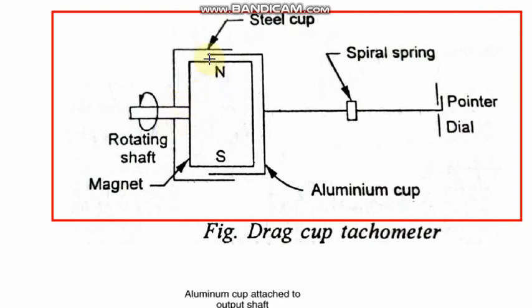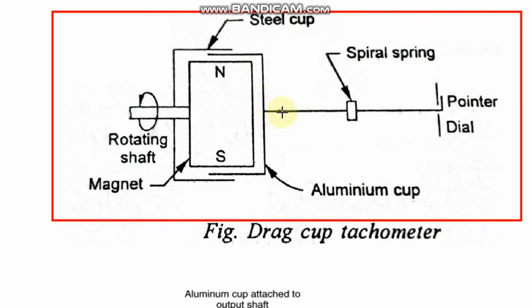Here there is another cup, an aluminium cup, which is conductive, and it is not attached to the electromagnet or the shaft. It is separate. With this aluminium cup there is a spindle having a spiral spring, connected with the pointer. When the rotating shaft moves, the magnetic lines of flux are cut by this conductor, so eddy currents are generated.